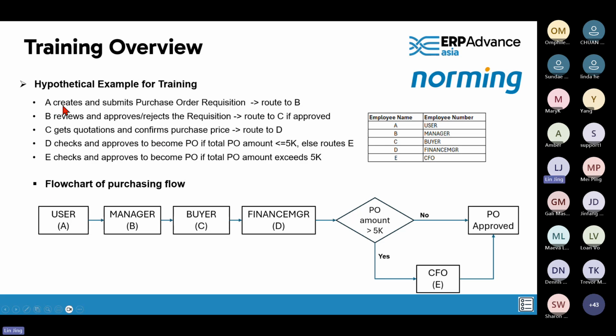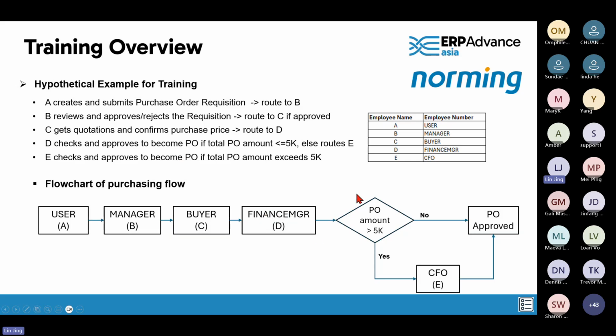So I use A, the user creates and submits the purchase order, to B, the manager, and then B approves and submits to the buyer to get the quote. Then the buyer submits to the finance manager to check the finance side information.